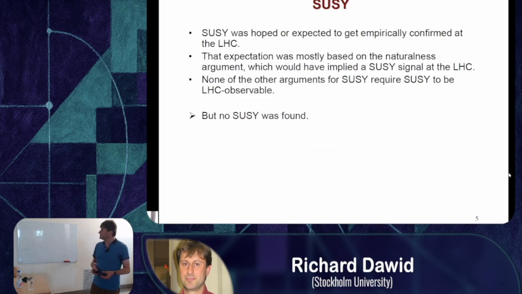If we look at supersymmetry, there were high hopes, as we already discussed, that it would get empirically confirmed at the LHC. That expectation was mostly based on the naturalness arguments, as we have seen, and solving the naturalness problems would have required a supersymmetry signal at the LHC, which did not happen. The other arguments for supersymmetry, as we saw, do not require supersymmetry to be observable at the LHC.